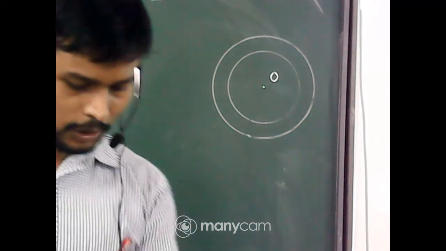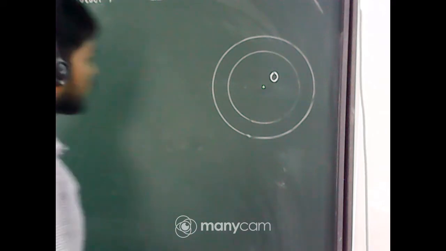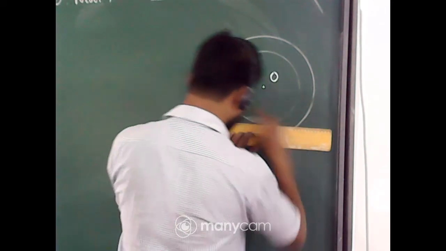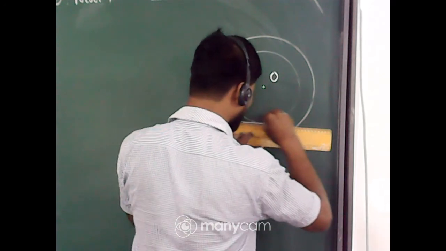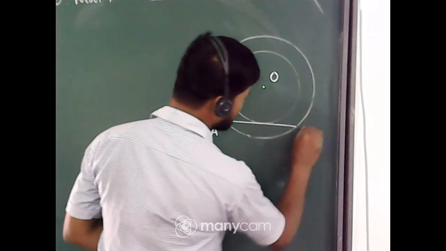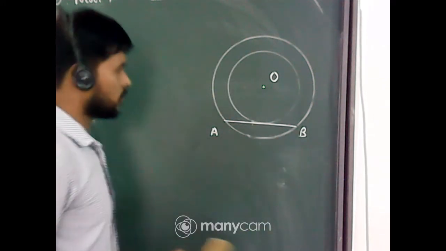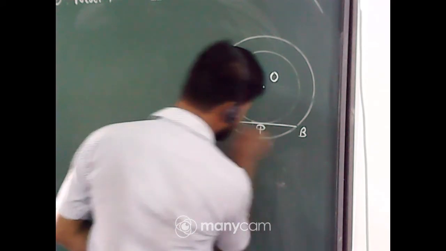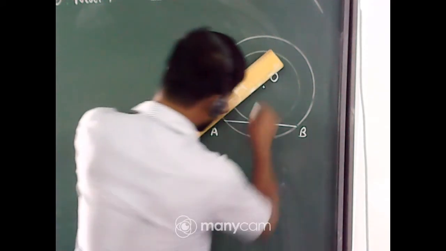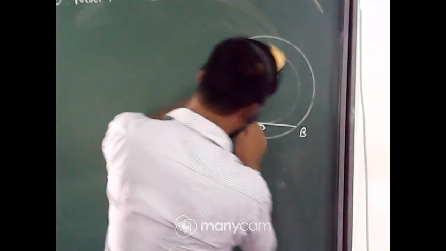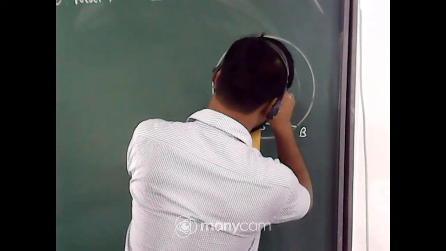Find the length of the chord of the larger circle that touches the smaller circle. So let us draw a chord to the larger circle which touches the smaller circle. Okay, so let AB is the chord, which touches the smaller circle at the point, suppose P. Now do one thing, join OA and join OP.